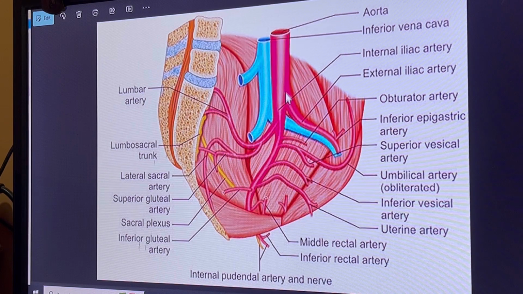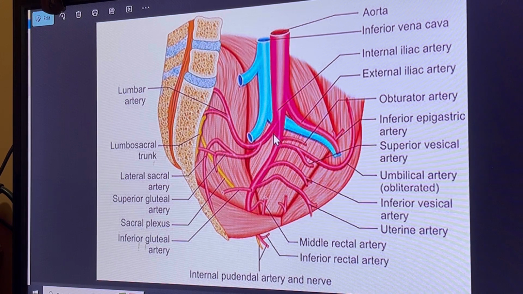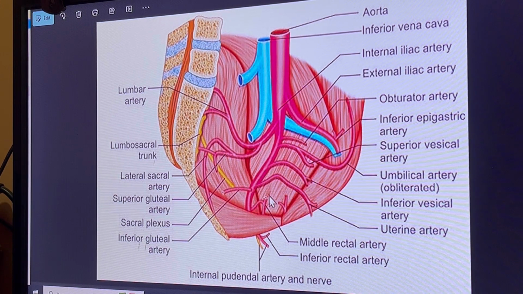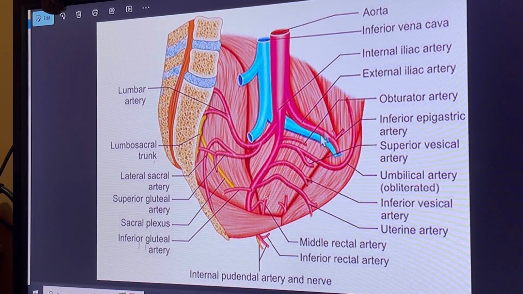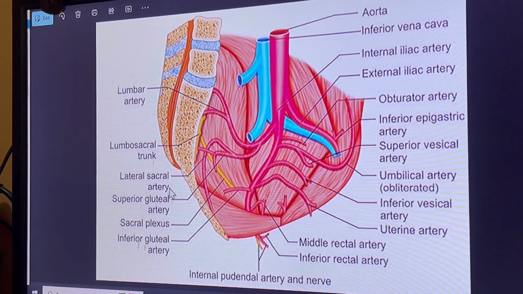And finally, you have the branches of the iliac arteries, the external iliac artery and the internal iliac artery. Then all the branches of the internal iliac artery, which you can see here: inferior vesical, superior vesical, and then the obturator branch. And then here you have the lateral sacral and superior gluteal, supplying the sacral region.